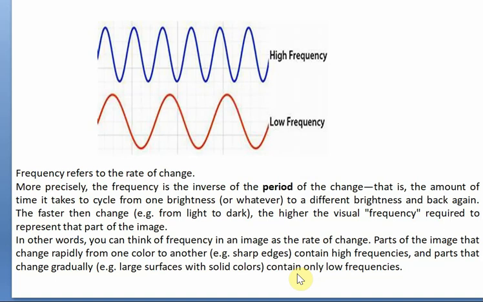A sudden color variation looks like an edge. So the word high frequency is related to the edges of the objects in the image. High frequency resembles the sharp edge, or simply edge. Remember that.